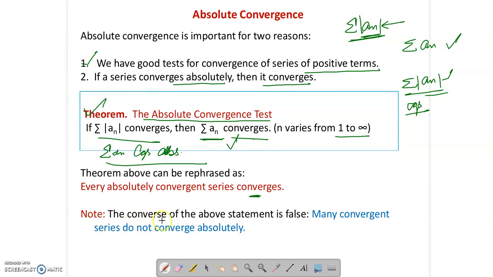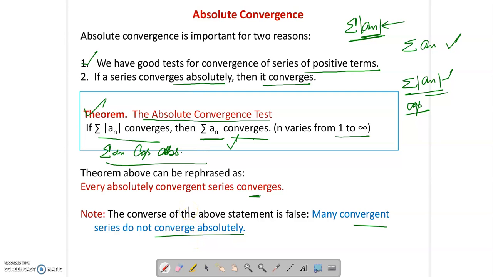So note that the converse of the above statement is false. There are many convergent series that do not converge absolutely. One such example is the alternating harmonic series. The alternating harmonic series is convergent, but it does not converge absolutely.